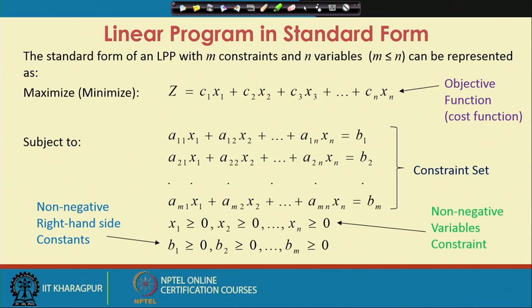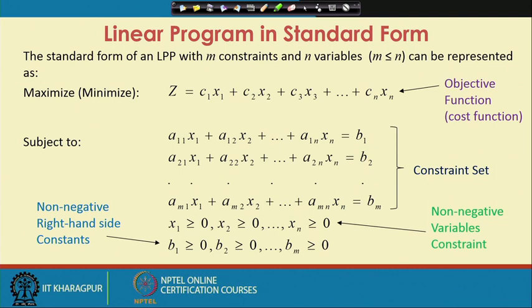So, the standard form of a linear programming problem with m constraints and n variables, where n is greater than m, can be represented as shown. Note that the objective function is a linear function of the decision variables.